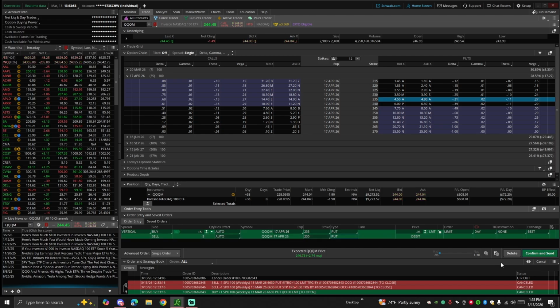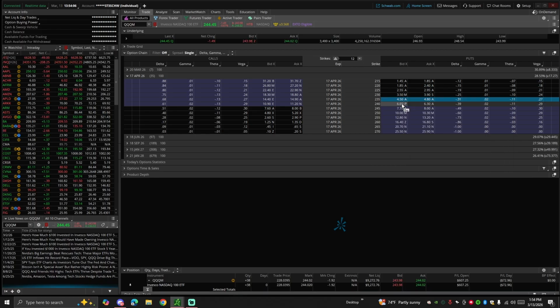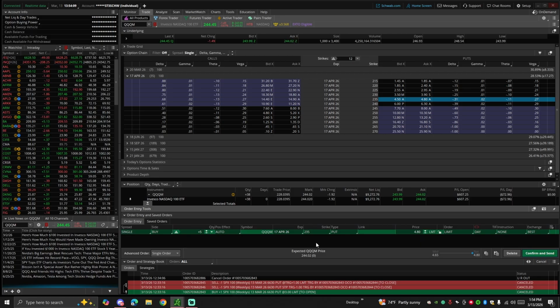I want put. Why won't it let me? For the collar, you might have to do one leg at a time. Why won't it let me just build what I want? It's annoying.